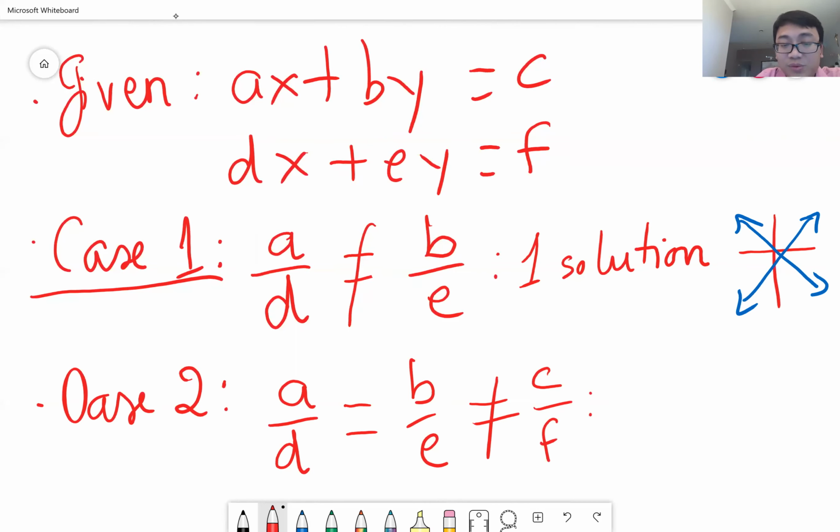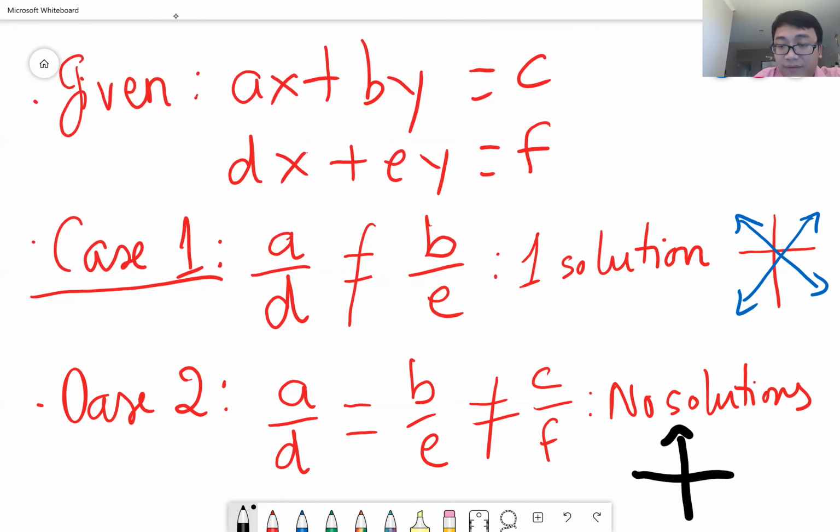That means the slopes are the same, but the y-intercepts are not the same. That means no solutions. And this is how it looks. This is the graph. It will be parallel lines like this.